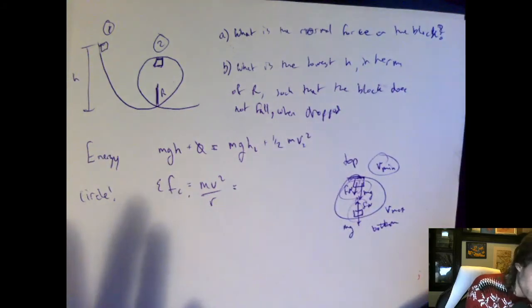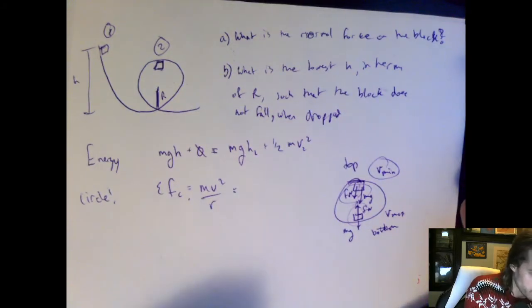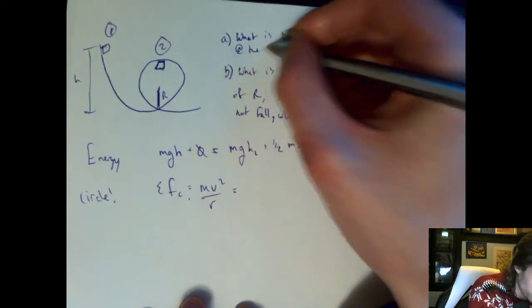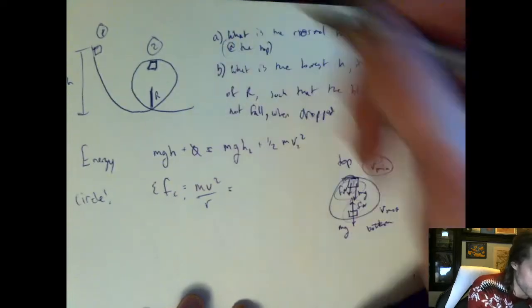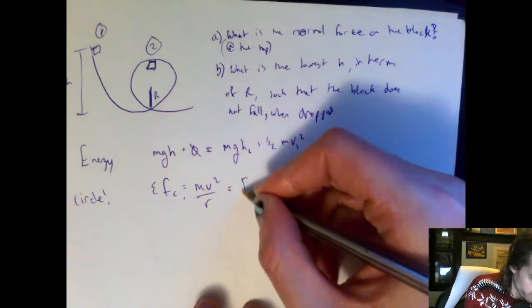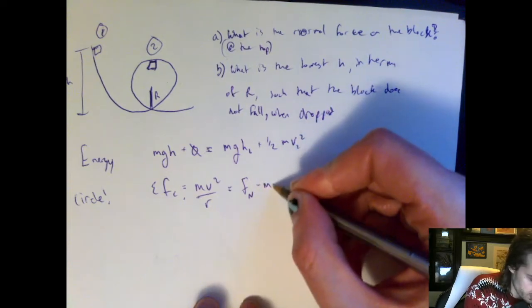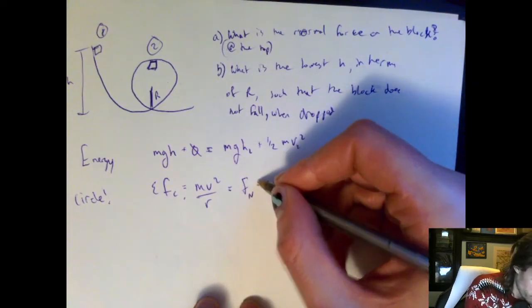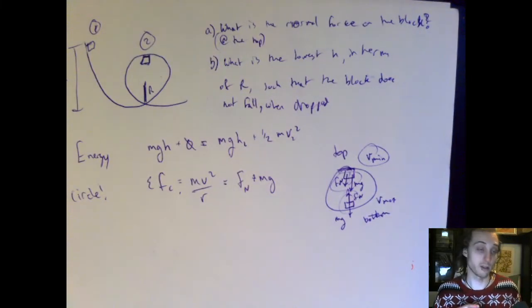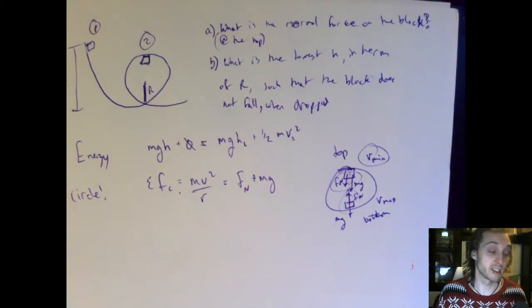So specifically, if it's going in a circle, and there's some centripetal force, and I should have specified this at the top. And we're trying to find the normal force at the top, we have to set up our equation at the top. Fn minus mg, although both of them should be plus because they're both going centripetally, so they're both going towards the center, so the combination of the two of them needs to equal mv squared over r.